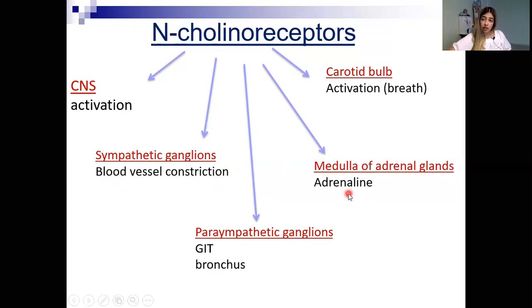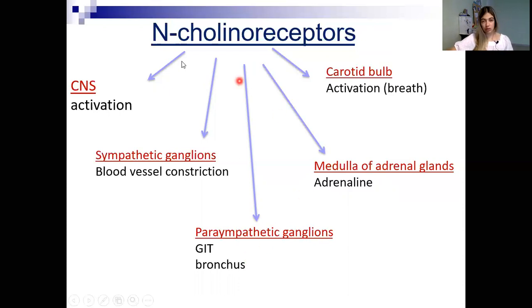Medulla of adrenal glands, by affecting that we have an increase of adrenaline secretion into the blood. And in parasympathetic ganglions, we have the stimulation of GIT, the contraction of bronchus, the contraction of smooth muscles, and the stimulation of different glands secretion.